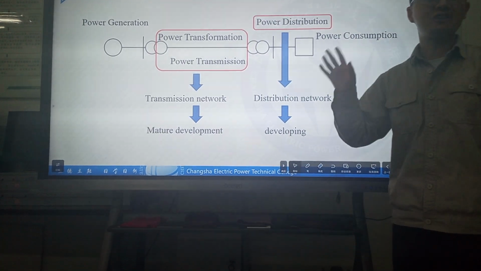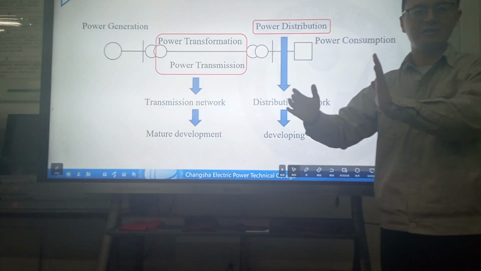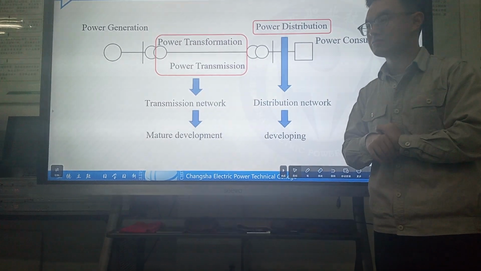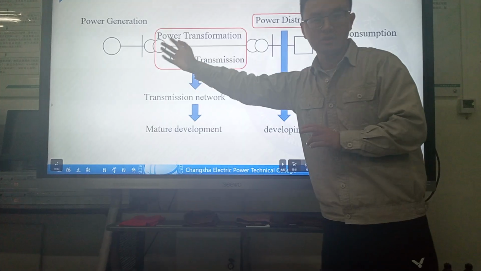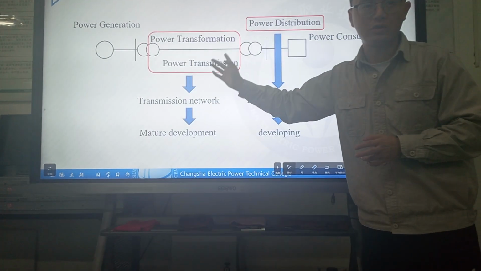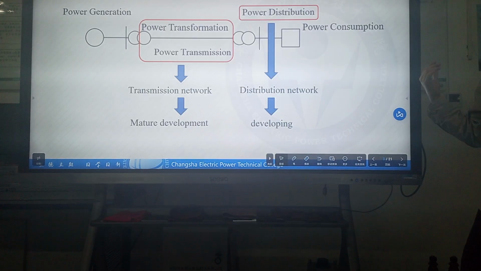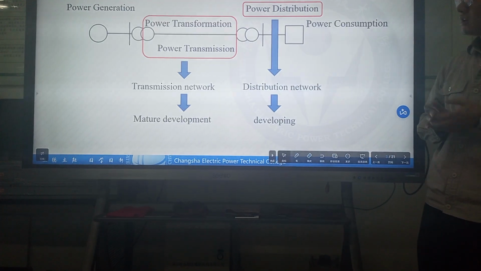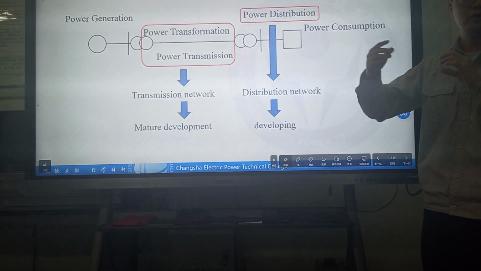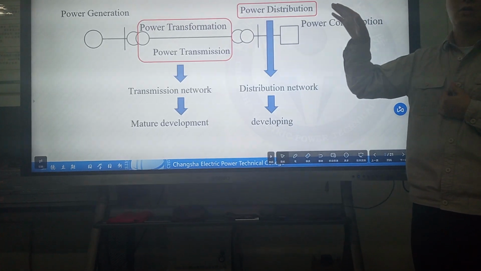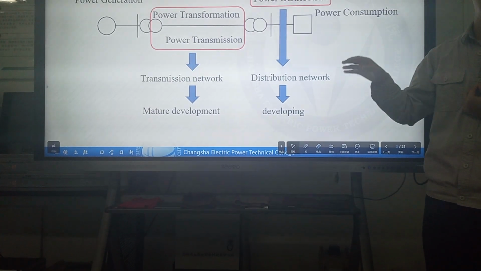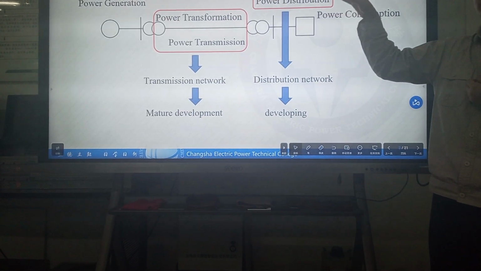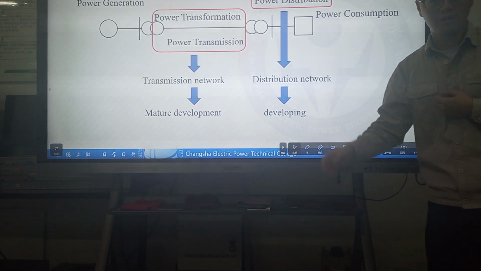We already know in China we divide the power system into 5 elements, right? The 5 elements: generation, transformation, transmission, distribution, and consumption, right? Usually in China we recognize the voltage level below 110 kilovolts as distribution. 110 kilovolts and below is distribution. Okay.